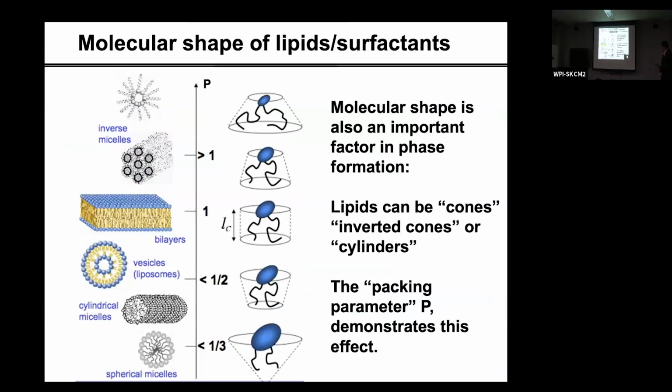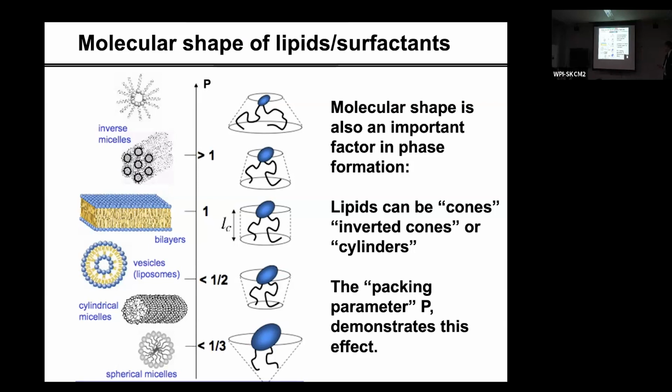So by changing concentration of such molecules and also for different shapes of the surfactant molecules, where you can have either small head groups and large tail groups, or vice versa, small tail groups and large head groups, we can form a variety of different phases.